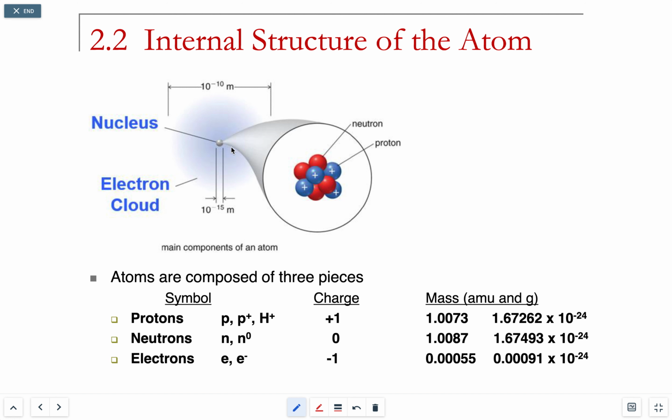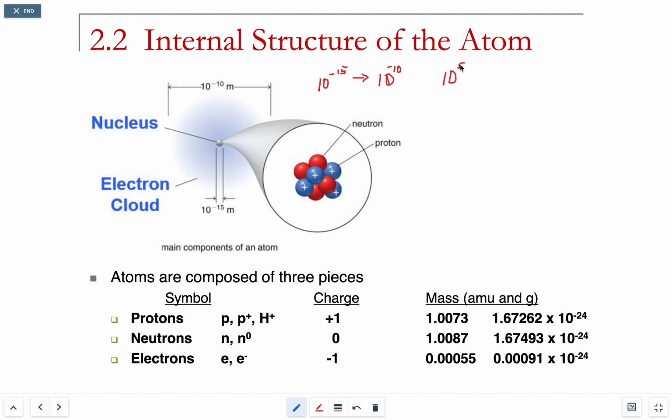The nucleus is 10 to the minus 15th meters in diameter, and the size of the atom is 10 to the minus 10th, so that going from 10 to the minus 15th to 10 to the minus 10th is a factor of 10 to the 5th. In other words, this is 10 to the 5th times bigger than this value, right?